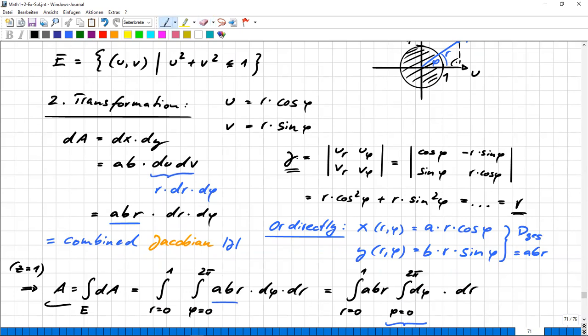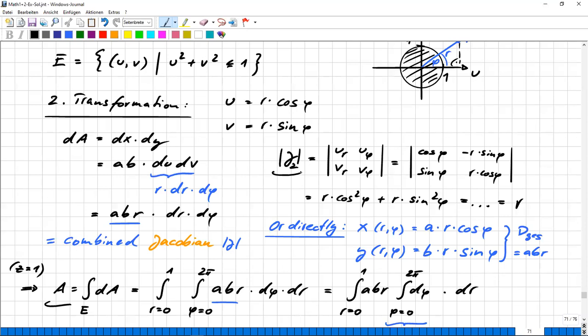In German, most of the time we use D because it stands for determinant. Anyway, I call it J. And now the determinant of the total Jacobian of this double transformation will be, oh no, sorry, this is the second part. Okay, let me just call it J2 at this point.